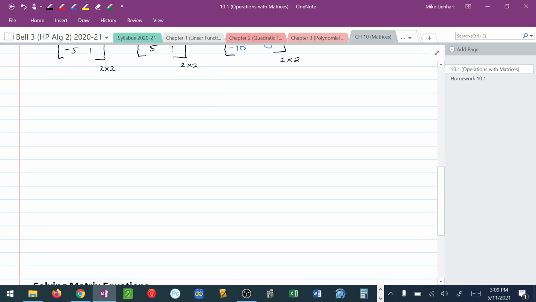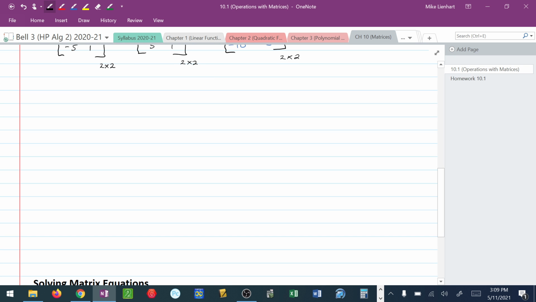Okay? So let's try a couple more of these just to make sure you kind of get it. Let's say I want to take this matrix, 1, 2, 3, and I want to add another matrix to it. Now, this matrix is 1 row by 3 columns. In order to add another matrix to it, I have to have another 1 by 3 matrix. And these will be given to you. Let's say this is -5, -4, and 3.